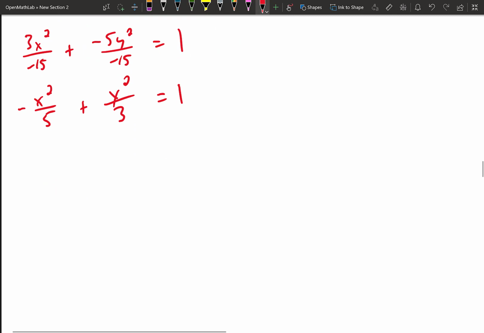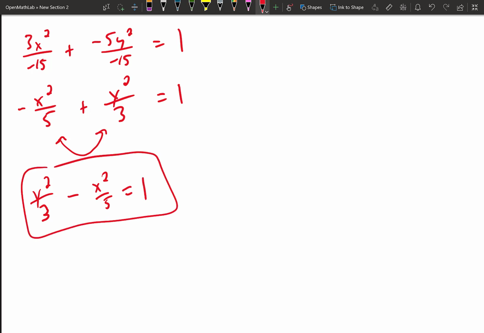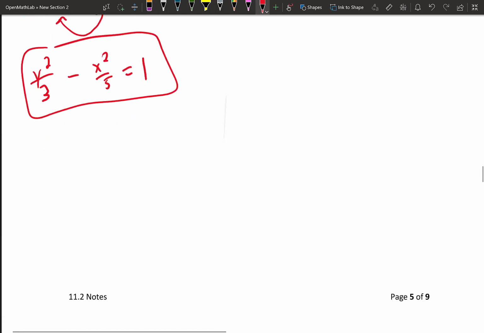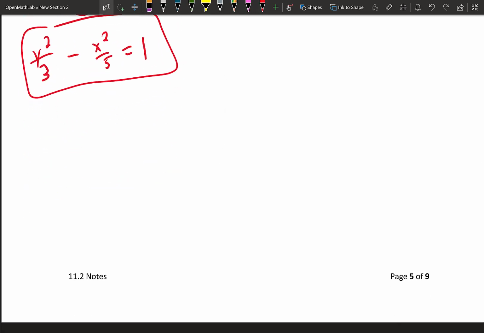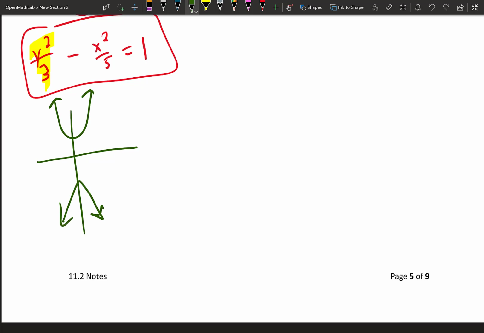And notice, by convention, usually we write the positive one first. So if we swap those, we get y squared over 3 minus x squared over 5 equals 1. Now that's in standard form. Just real quickly, notice that y squared is my variable with a positive coefficient, so my hyperbola is going to be opening up and down.